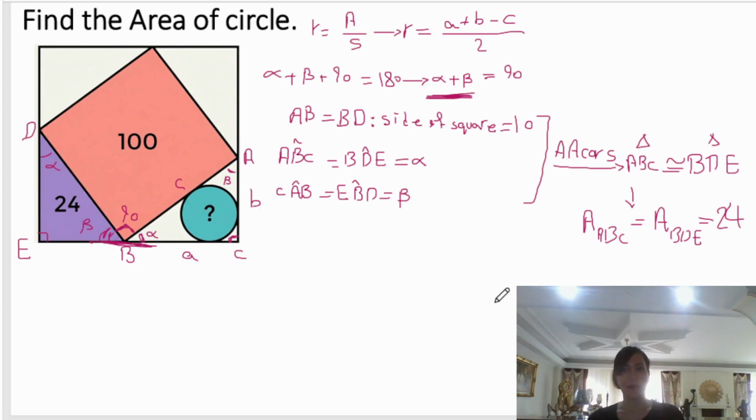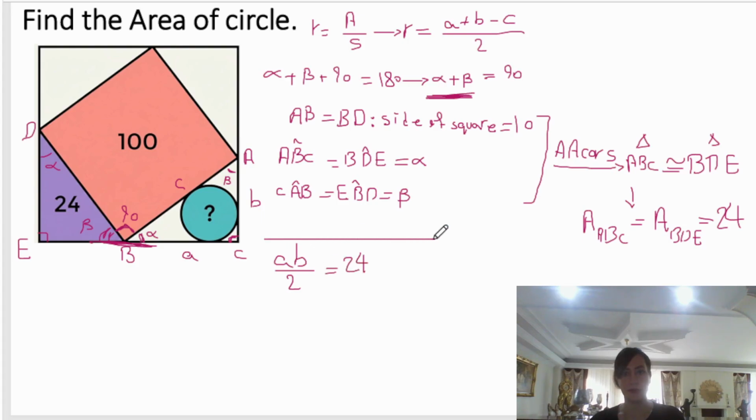What's the area of triangle ABC? The area of triangle ABC is a times b divided by 2 equals 24.